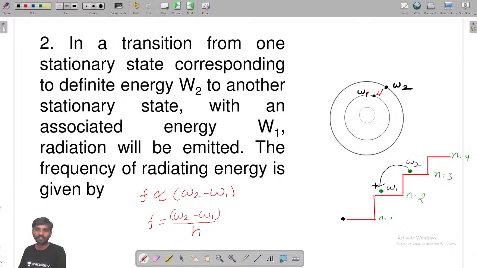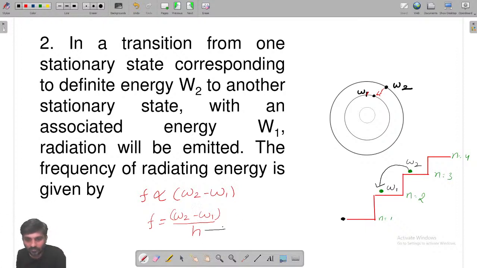The frequency of radiating energy is equal to the difference of energies between these two levels, that is, F is equal to W2 minus W1 by H, where H is Planck's constant.